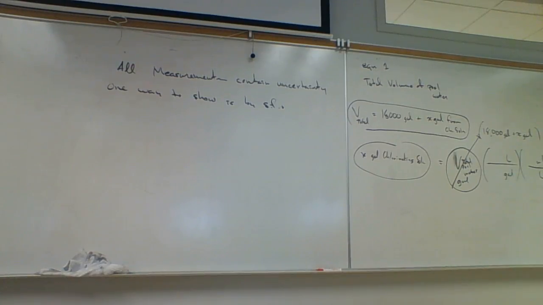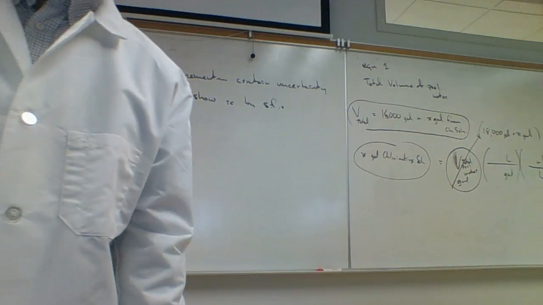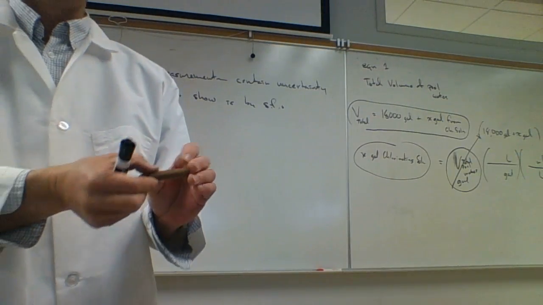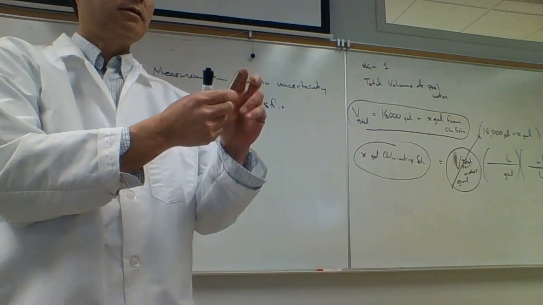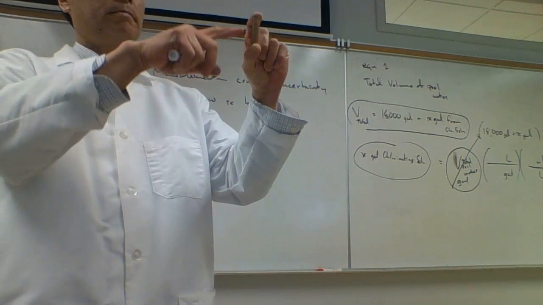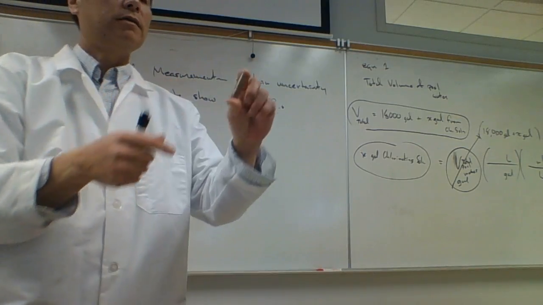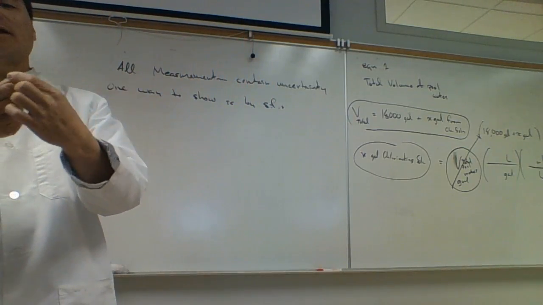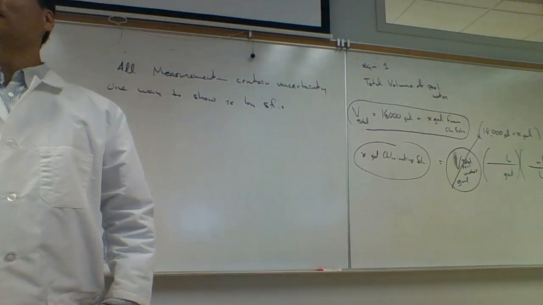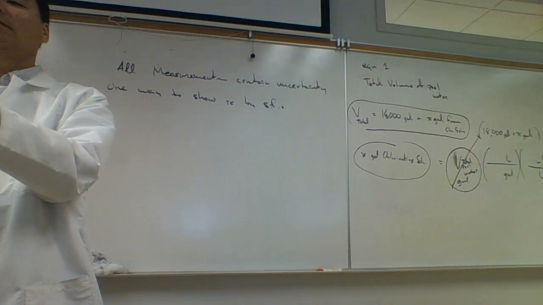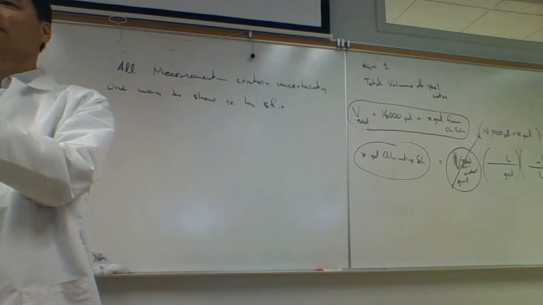So if I were to eyeball, let's say, an object like this piece of metal, it's a metal cylinder. If I were to eyeball this, and measure its length just by estimating it, let's say, how long do you think this is?